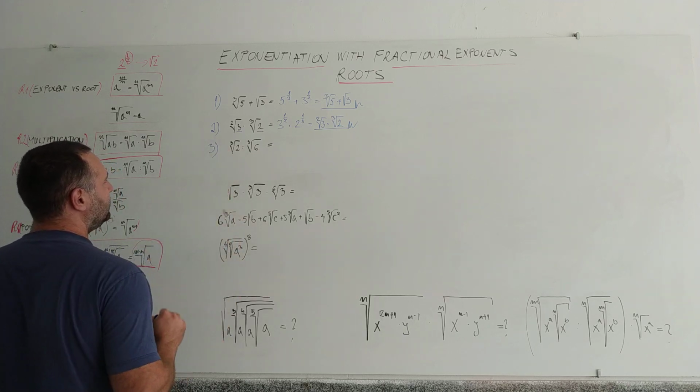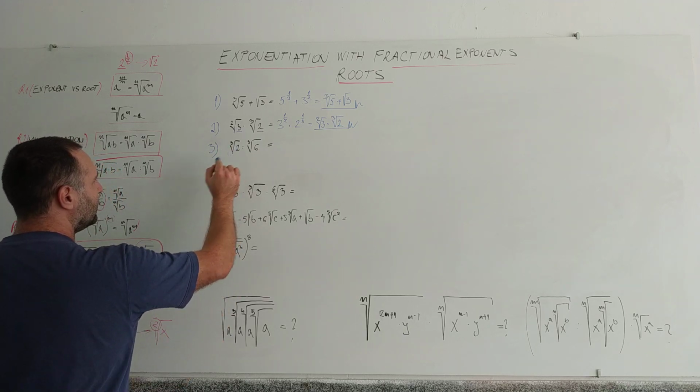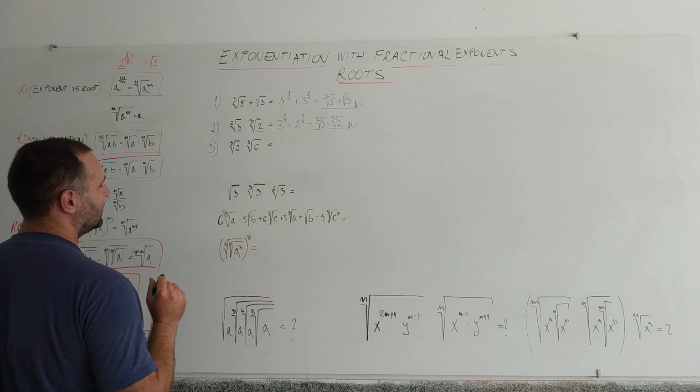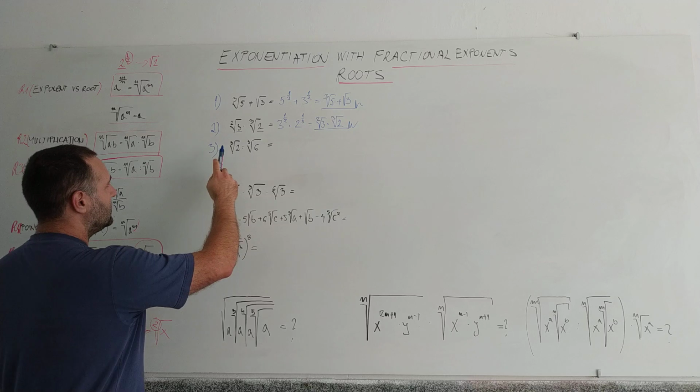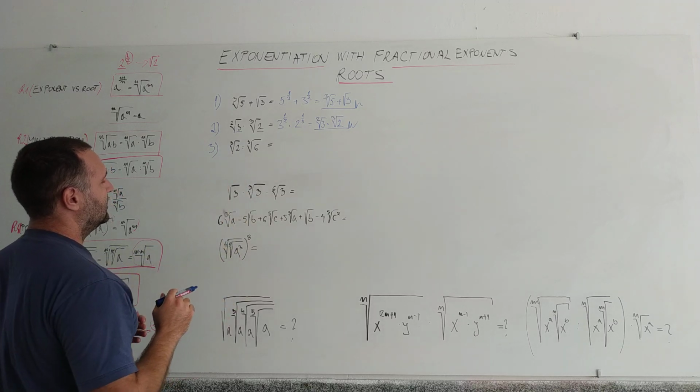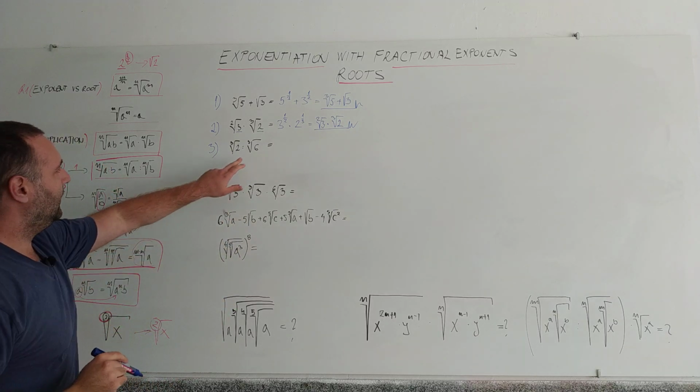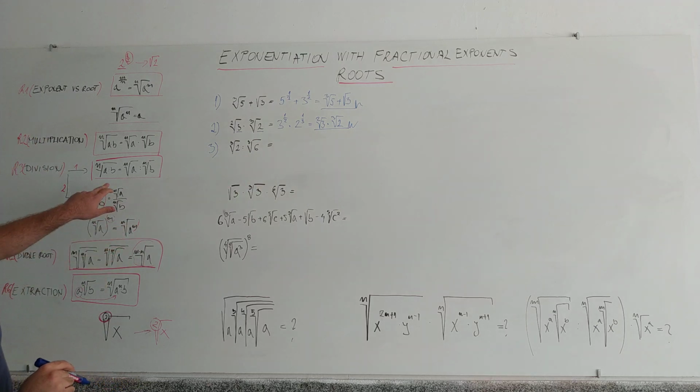Third example. Third root from 2 divided by third root from 6. Okay. Here we have same roots, different bases. What can we do? We can apply rule number 3. Yes, we are going from right side to the left side.